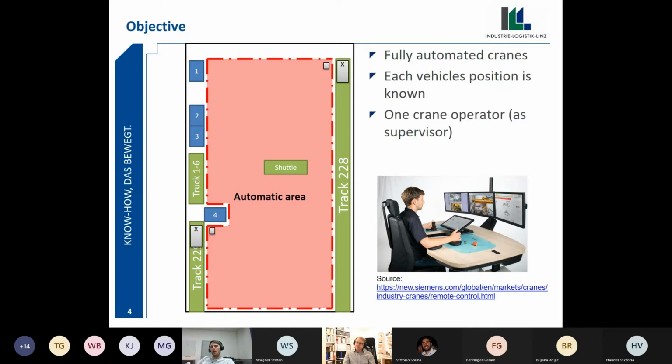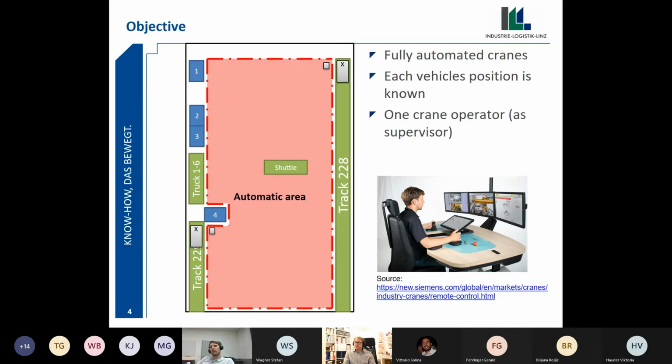Our idea is that the crane operator, who is still operating in a crane cabin on top of the crane, moves, as shown in the picture, into the office, and therefore would be able to operate more than one crane at the same time. We want to automate the cranes so that they move several coils, for example in the north of this picture.